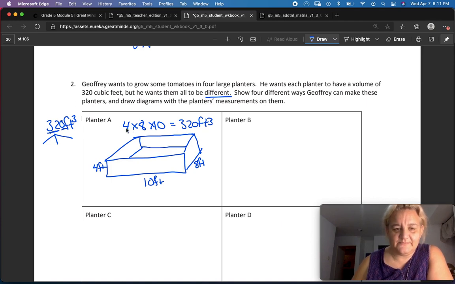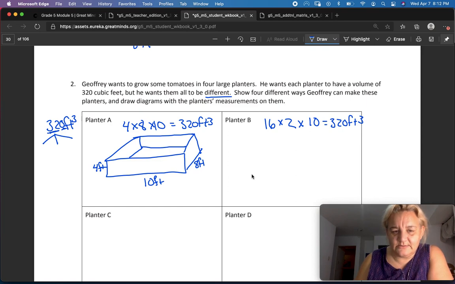Well, I like that 4 by 8, but that's not going to work for everything. So we could do 16 times 2 times 10. 16 times 2 equals 32, and 10 would equal 320, right?